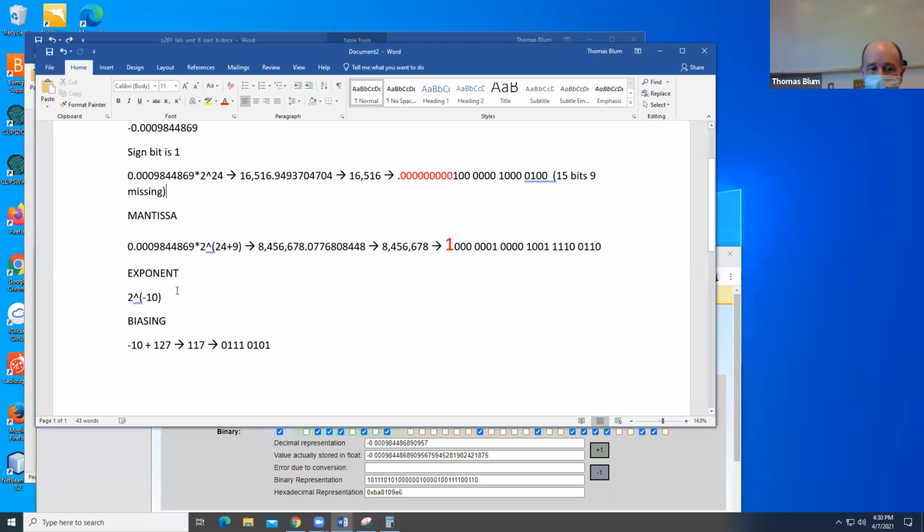So we take our power of 2, which was minus 10, and bias it, giving us 117. We represented that in binary, and that's what we got. When we have a whole number, if I did one of the whole number ones, then you would say, how many bits were there in the whole number?